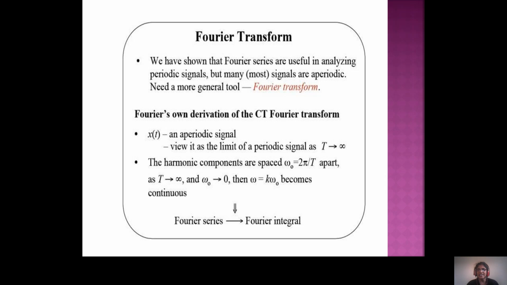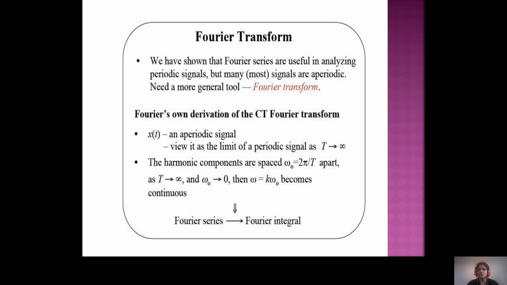Take x of t, an aperiodic signal, and view it as the limit of periodic signals as T goes to infinity. The harmonic components are spaced omega naught equal to 2 pi by T apart.